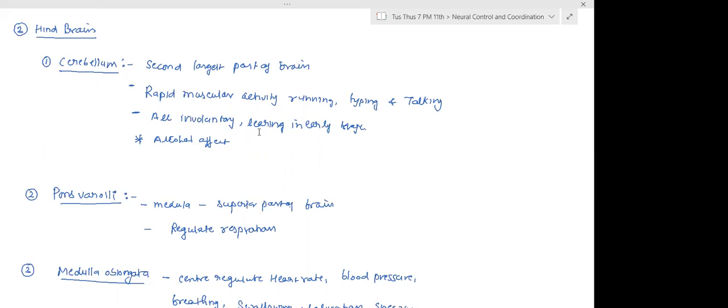Likewise, people who play table tennis or lawn tennis, where you need to be much more swift, must have a well developed cerebellum.